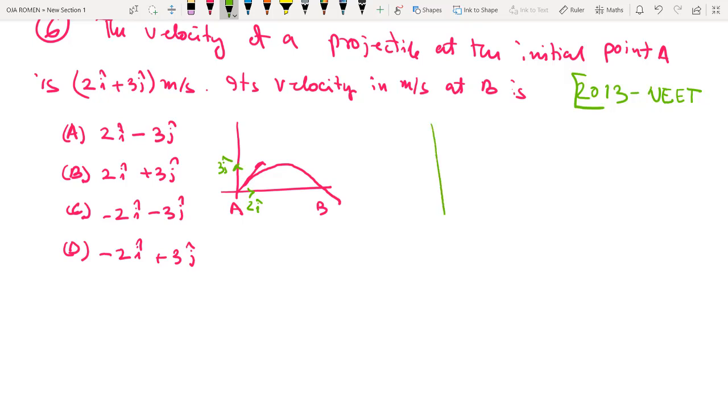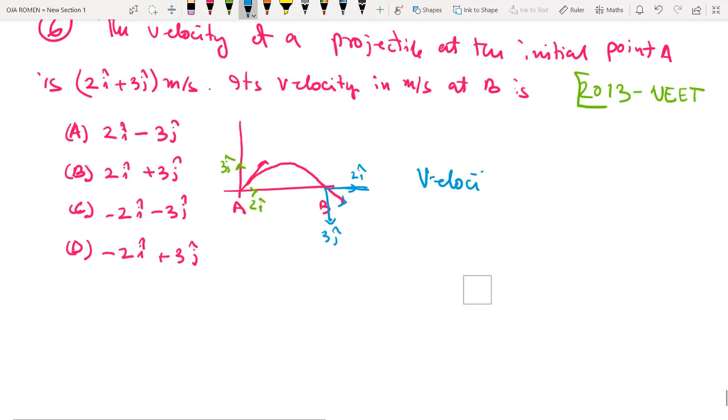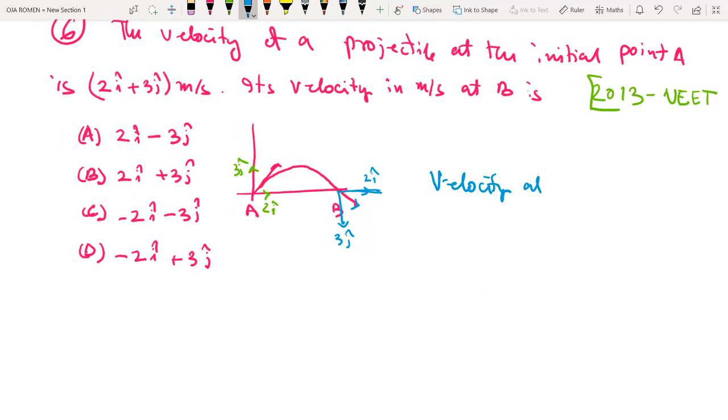And at B, this is 2i, this is 3j. So velocity at B is 2i minus 3j. So answer is A.